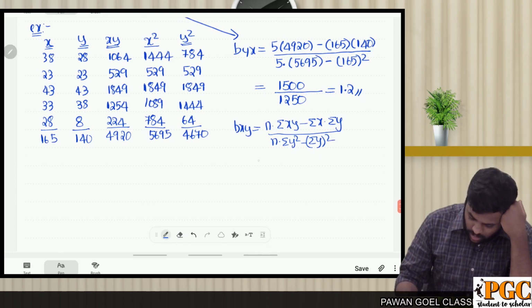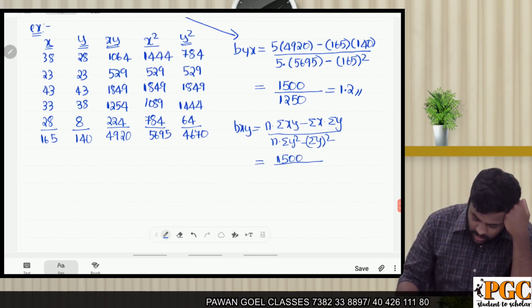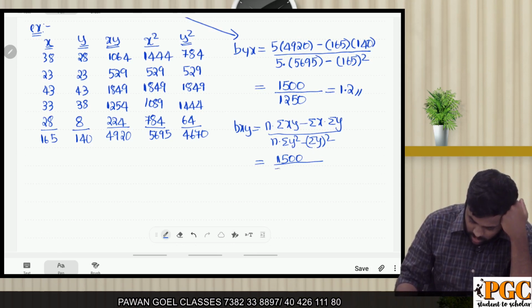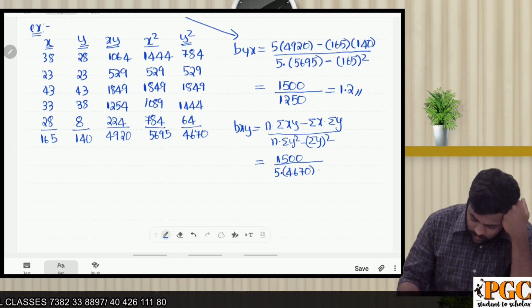Yes. That is equal to 1500 whole divided by n into summation of y square, 5 into 4670, minus summation of y whole square, 140 whole square.